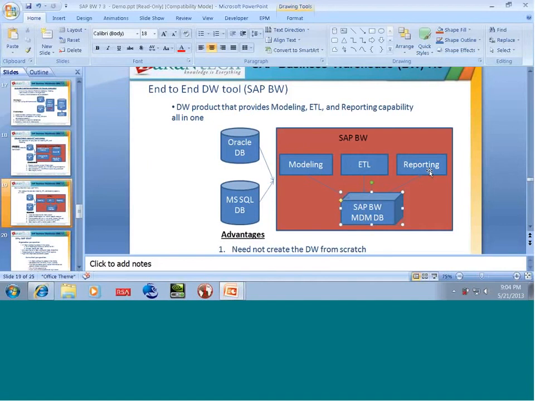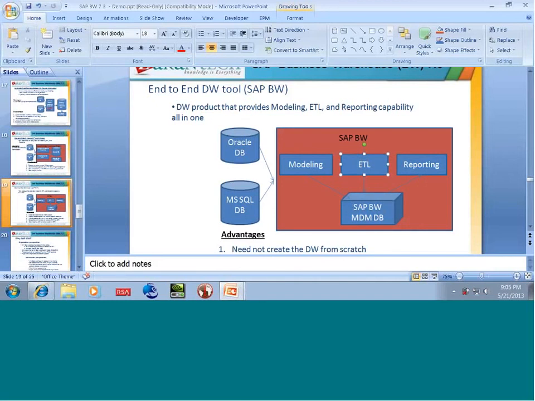So now BO has been bought by SAP. The SAP system has the inbuilt ETL processing. Let's say there is a scenario where the in-house SAP BW system's ETL capacity is not able to deliver a result that we are expecting. In this case, we have the additional functionality now.